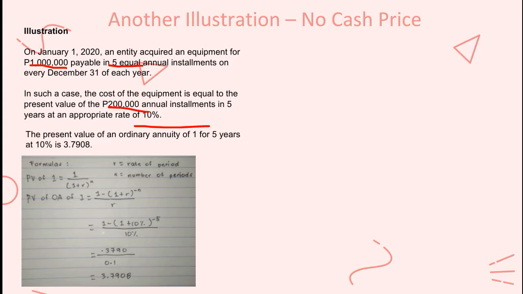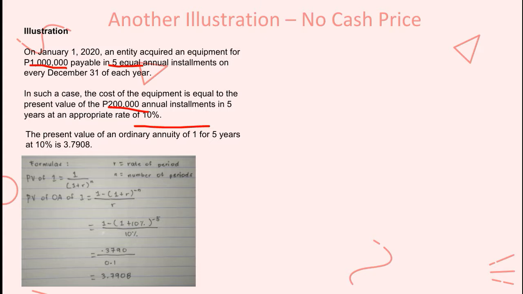The present value of an ordinary annuity of 1 for 5 years at 10% is 3.7908. Try to calculate it.